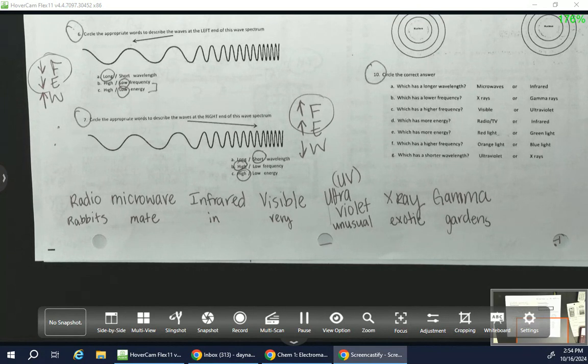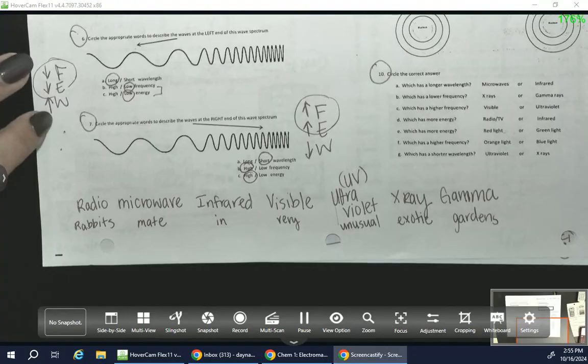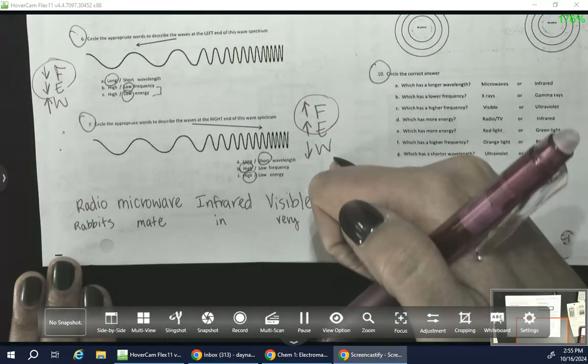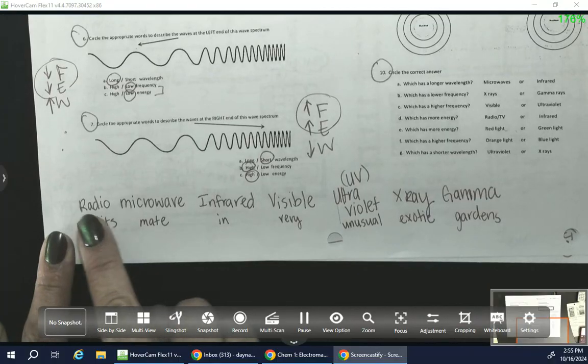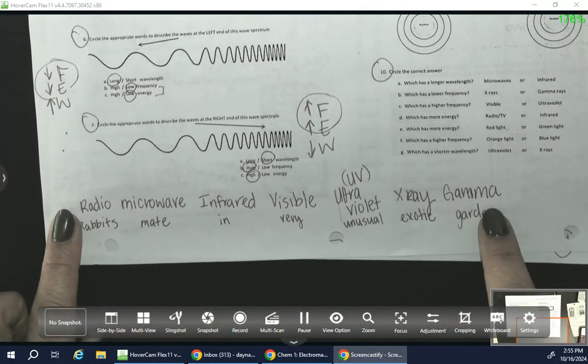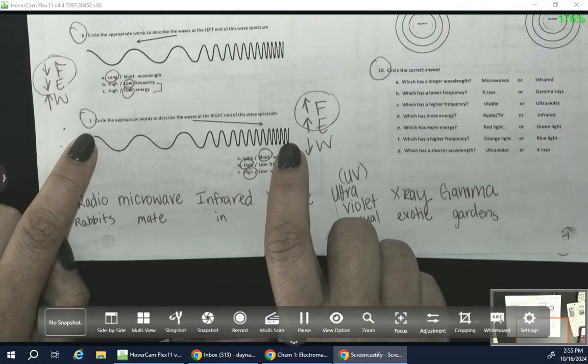Now, you ask, okay, why do we even care about the order? All right? And the reason we care about the order is because they match up to this idea of frequency and energy being low and wavelength being long versus high, high, short, right? And so this order that we just wrote out matches identical to this image.